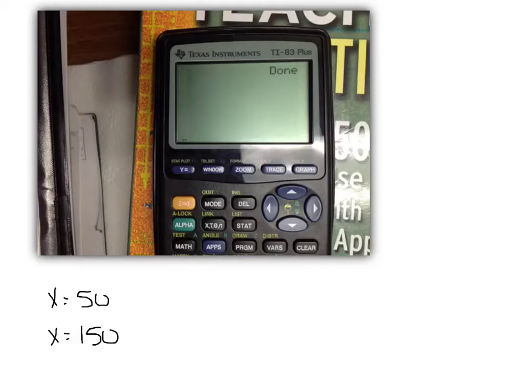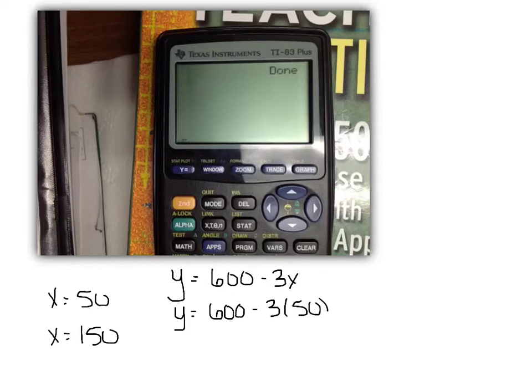And I know that y, remember we figured that out, was 600 minus 3x. So y can equal 450.